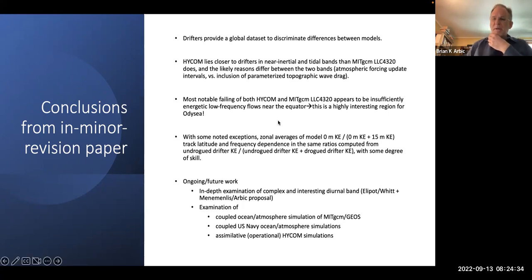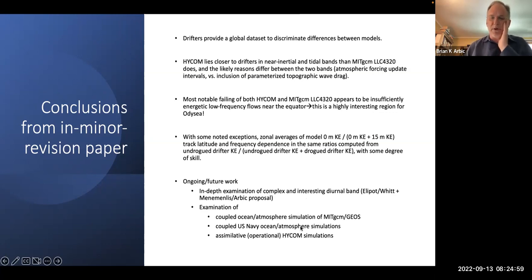But another really interesting place is the equator. The models are way off on the equator, and that happens to be the largest signal in the drifters, at least in the zonal averages. And these words here are saying we have some skill in the vertical structure that we think is important for Odyssey.